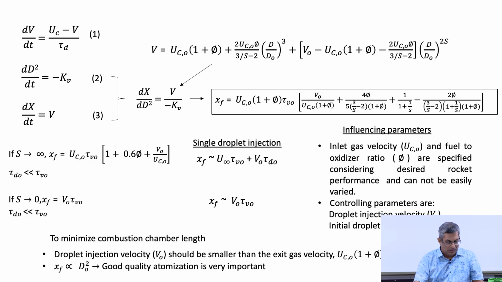Okay. Another important point here is that independent of what other parameters appear here, the length is again proportional to d naught square, which we actually get from the single particle equation also in uniform carrier flow condition. So this means that if you reduce the particle size by 2 times, the length of the combustion chamber may reduce by 4 times.